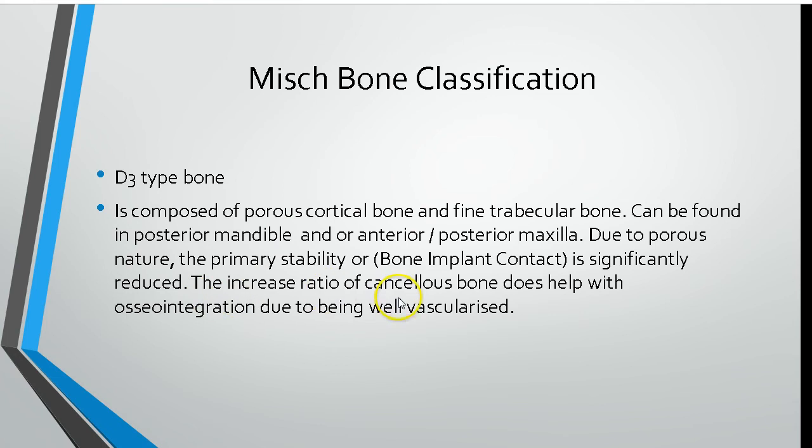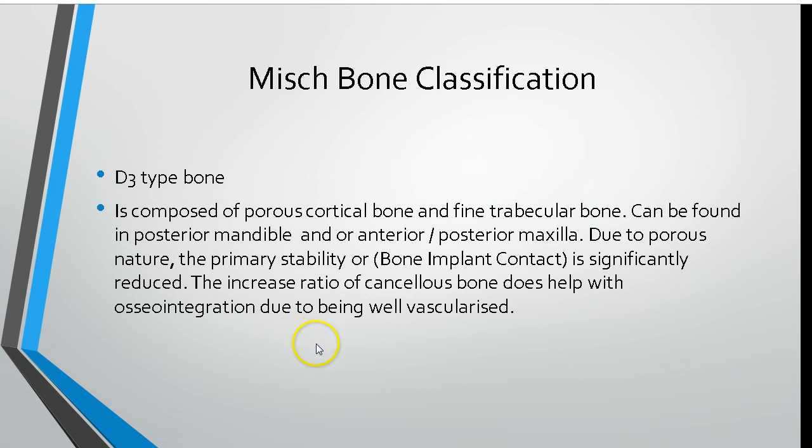The increased ratio of cancellous bone does help with osseointegration because the trabecular bone has a nice blood supply, so you have good osteoblasts to create bone and have nice bony contact during the healing phase, but it takes time. And during that time, you do lack that primary stability which the cortical bone generally provides.